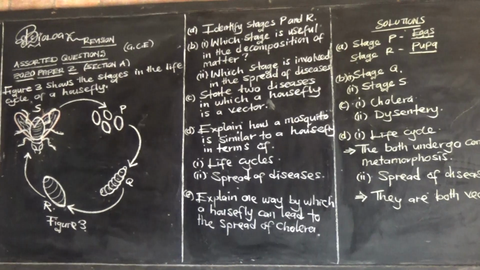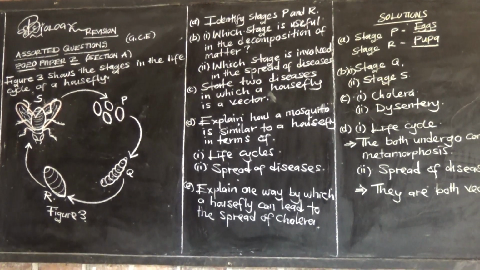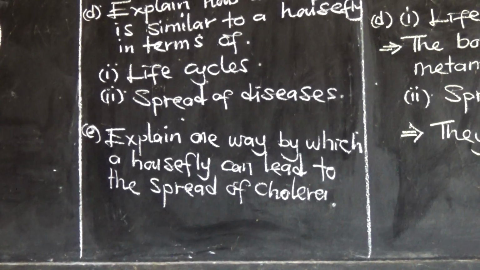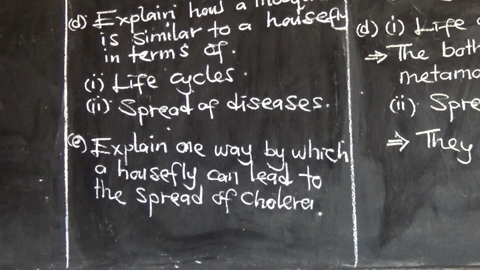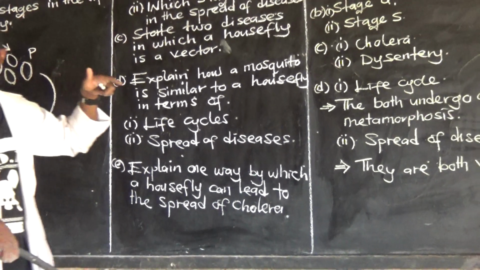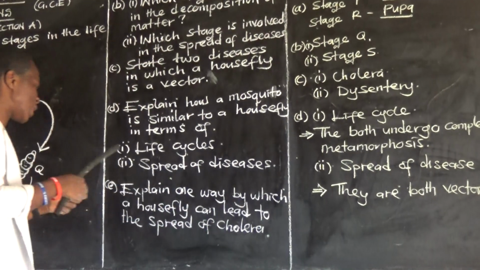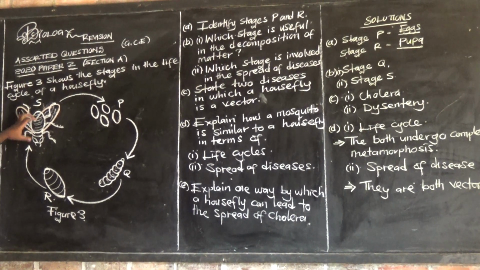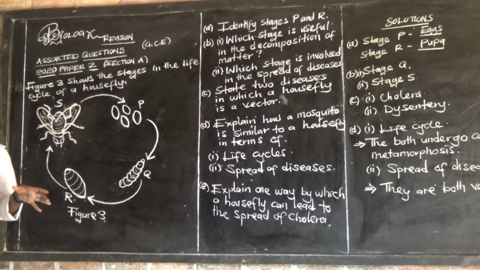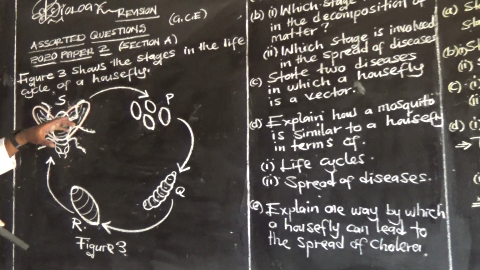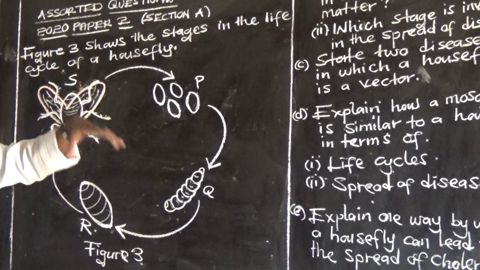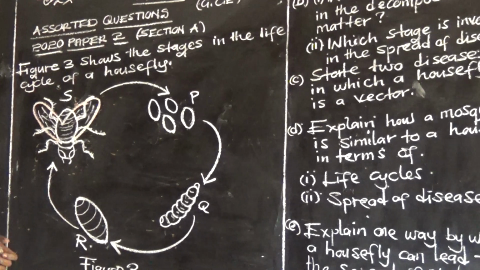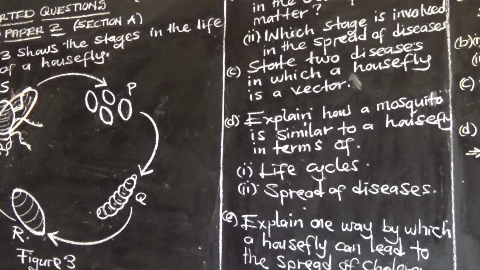Then question E, the last question, says explain one way by which a housefly can lead to the spread of cholera. They want a simple explanation. If this adult housefly sits on, let's say, contaminated stew, then flies and sits on uncovered food, and you come and consume the food, you are going to get the cholera pathogen.